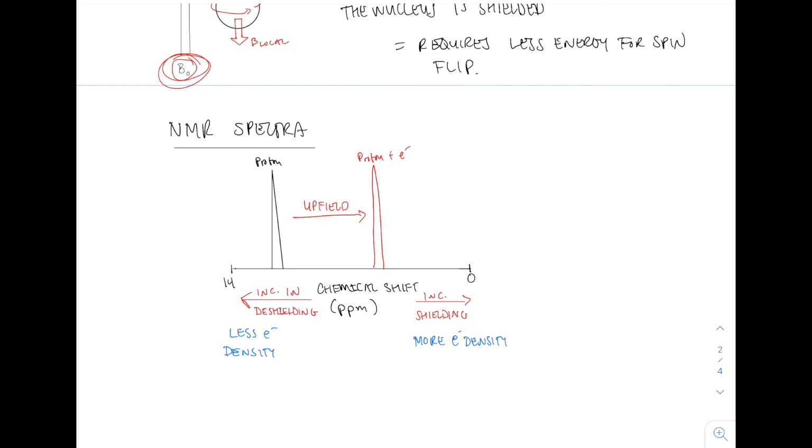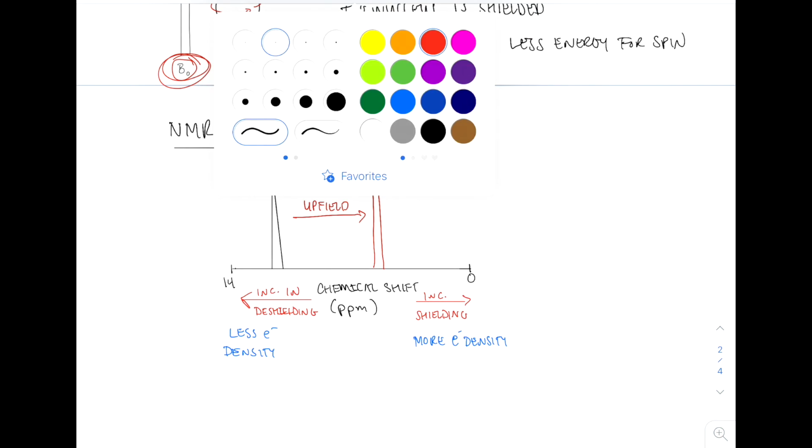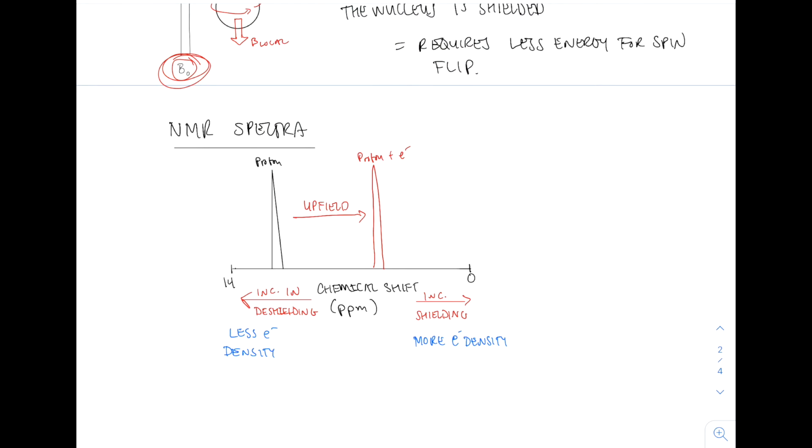Okay, and then if we were going in the opposite direction, going from right to left, this would be shifting downfield. Okay, and so this would be when we have a little bit less electron density, so we have more electronegative groups around the nucleus, and so we feel more of that applied magnetic field.